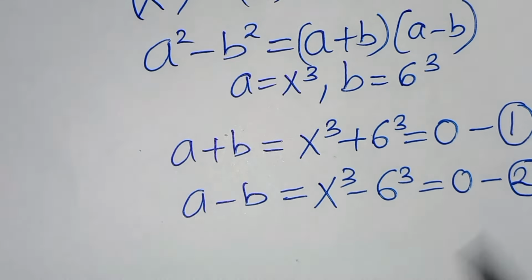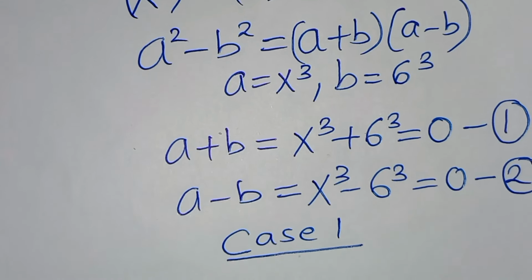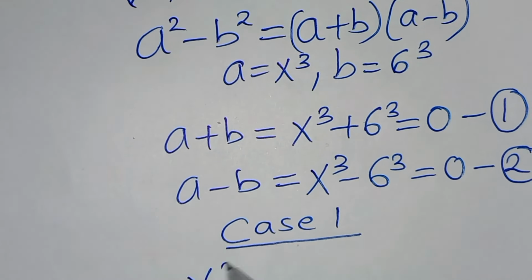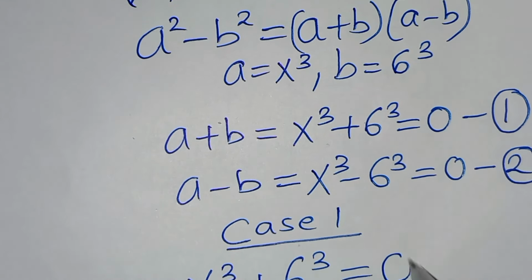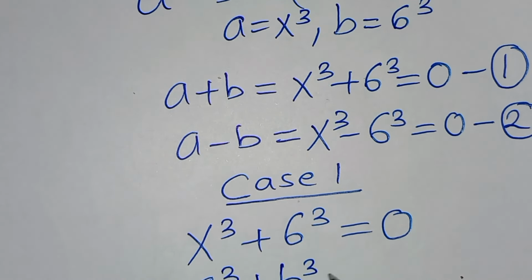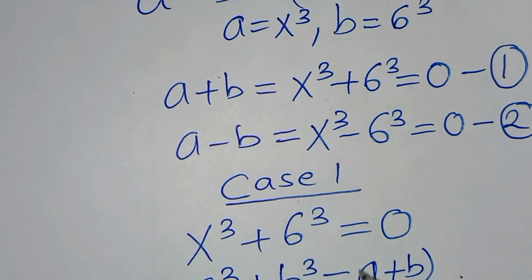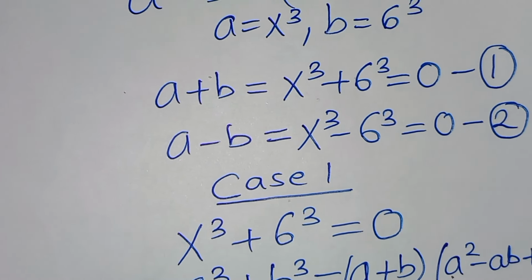So let's start with equation 1. Let's call this case 1. Now we have x to power 3 plus 6 to power 3 equal to 0. This is in the form of a to power 3 plus b to power 3, which can be expressed as (a plus b) times (a squared minus a times b plus b squared).